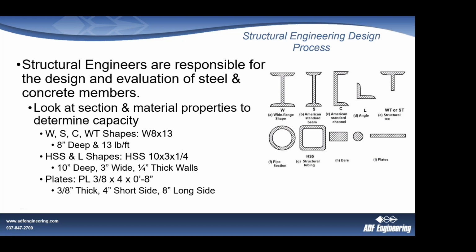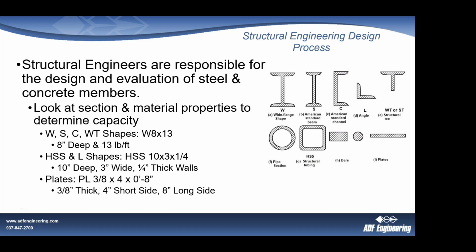We look at the materials and the sections and types of things that are impacted, and then we determine those capacities. We have a couple different types of steel sections here. You'll see us refer to these every now and then, and it's helpful for you to understand that most of what people refer to as an I-beam is actually a W shape, sometimes an S shape.